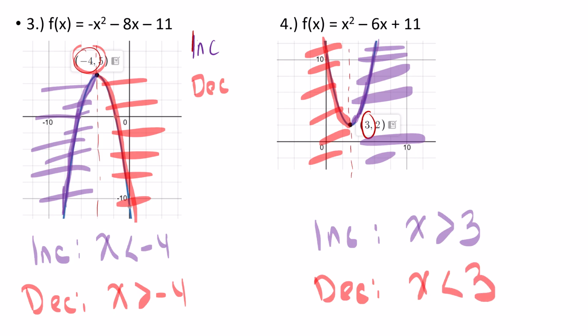And again, I've mentioned this in the video, I might have mentioned it on the last slide. Please try to not look for patterns that are not going to carry you out of quadratics. I have seen so many students do stuff like, well, when the parabola opens down, then increasing is on the left and decreasing is on the right. And when a parabola opens up, then decreasing is on the left and increasing is on the right.